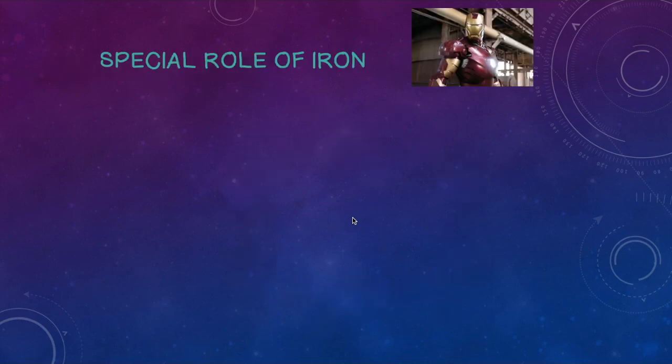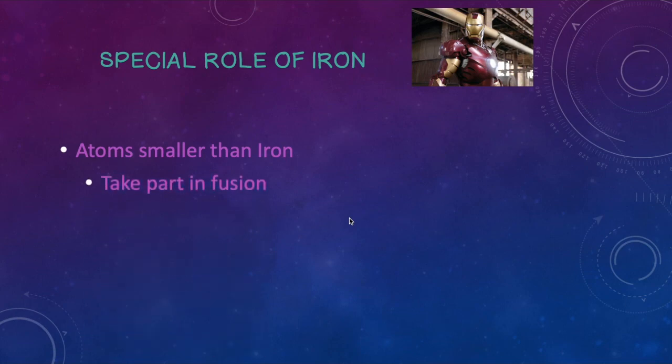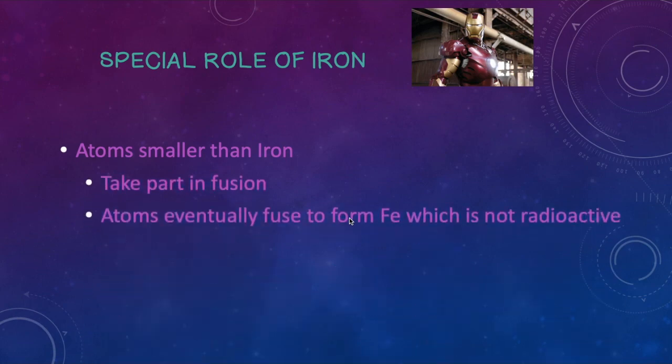And it turns out that if you look at all the elements on the periodic table, fusion basically stops, and then you would switch over to fission if you get to iron. So atoms that are smaller than iron, so 26 protons or less, those atoms are going to take part in fusion. And eventually those atoms will fuse to form iron, and then the iron is not radioactive, it just kind of stays there, doesn't produce any more energy.